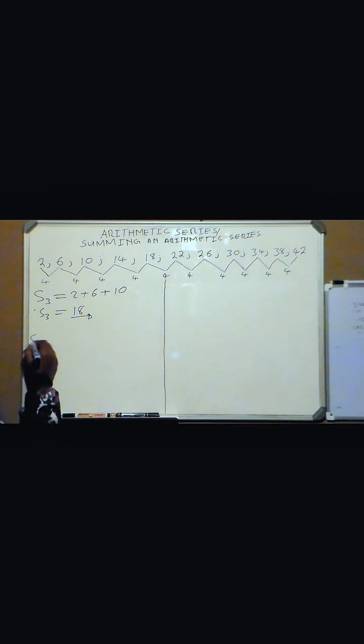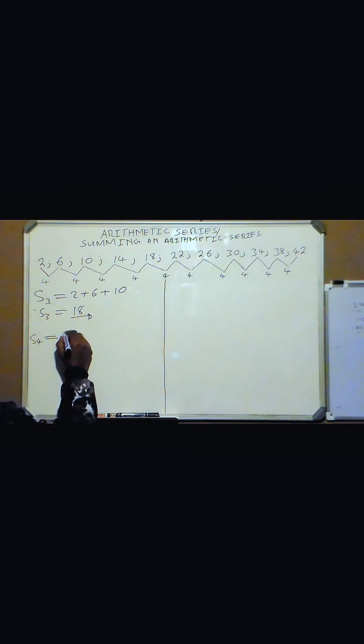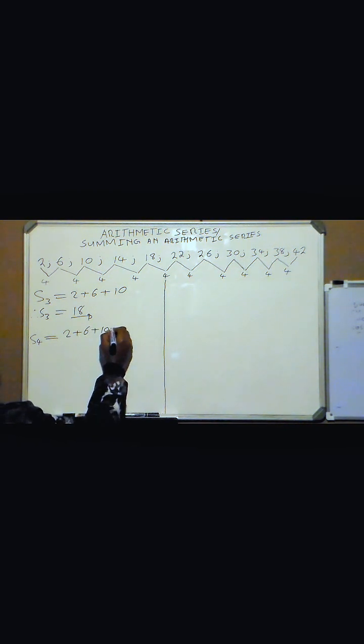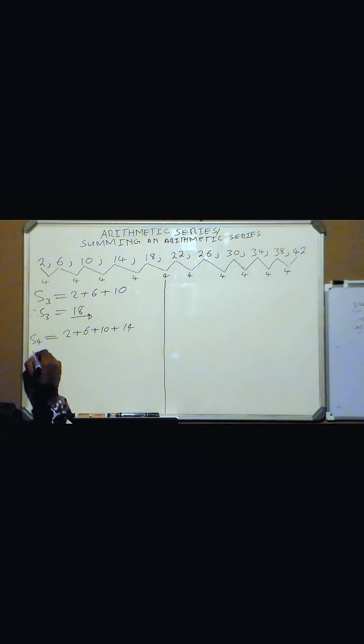Let's find again the sum of the first 4 terms. This would be 2 plus 6 plus 10 plus 14. So therefore the sum of the first 4 terms is 24, 30, 32. So it will be 32.